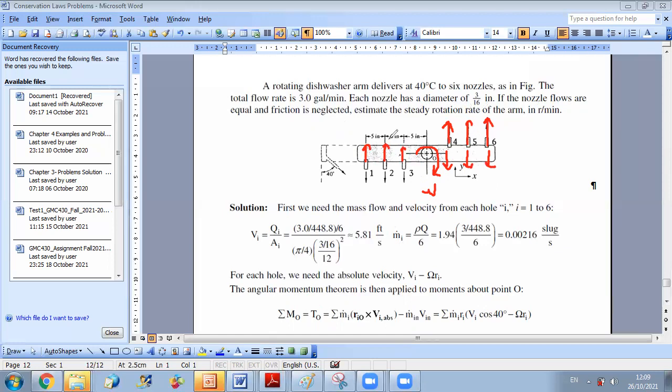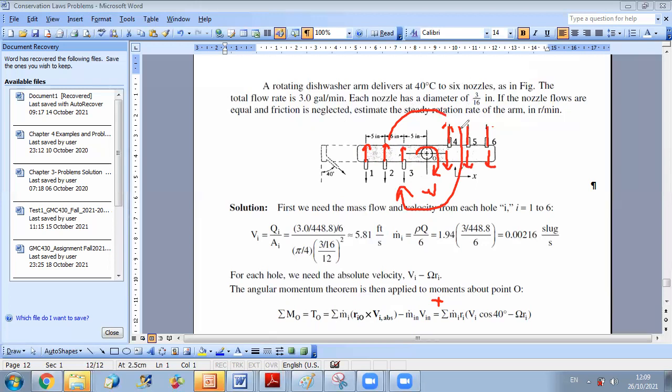Now you can see that all outlets produce moments about O, and the angular momentum of their fluxes is counterclockwise. This is why I put it equal to plus m dot. Now I should pay attention, for each flux, to multiply by the corresponding distance.